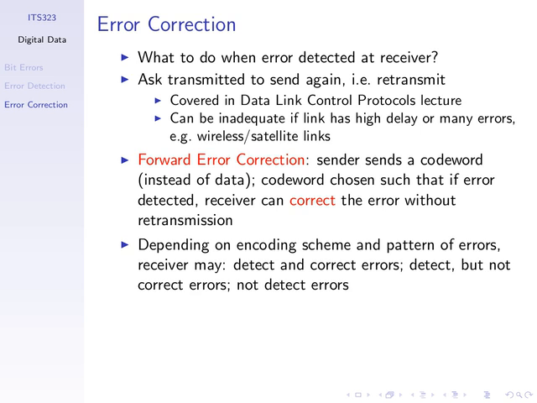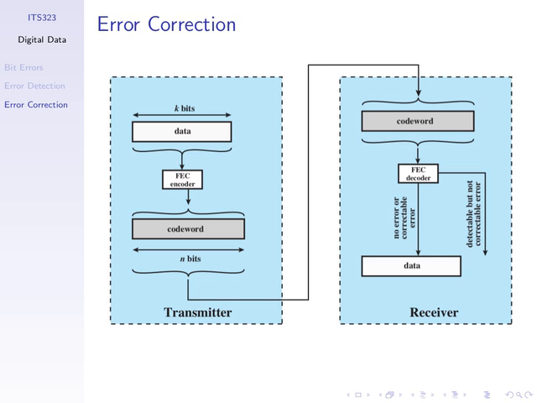Now we'll look at one example of an error correction scheme. Again, there are others. And at the end we'll compare them, or look at metrics for comparing them. What we do, and we'll use the example to describe this in detail, is we take our original k bits of data that we want to send, we encode that.